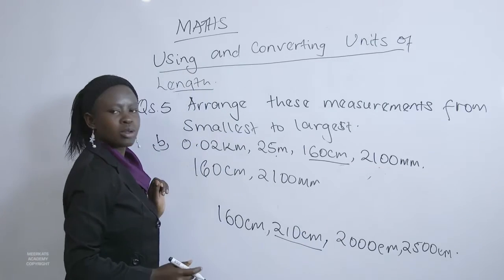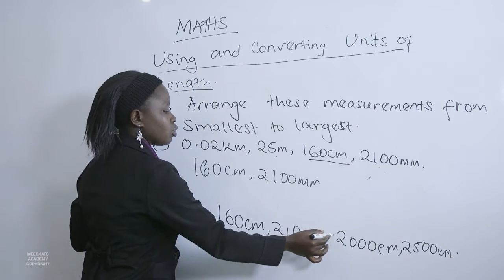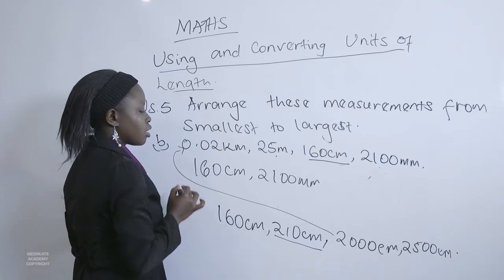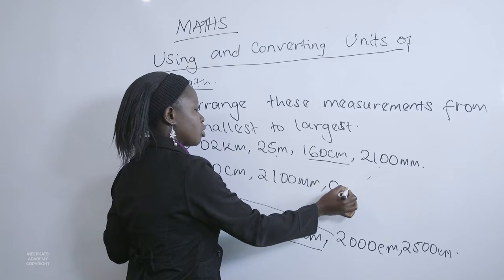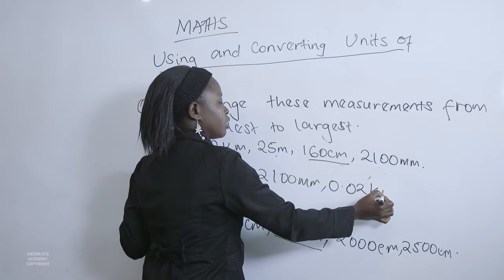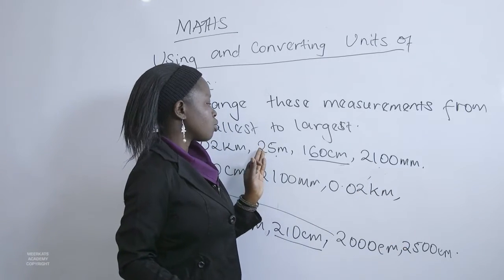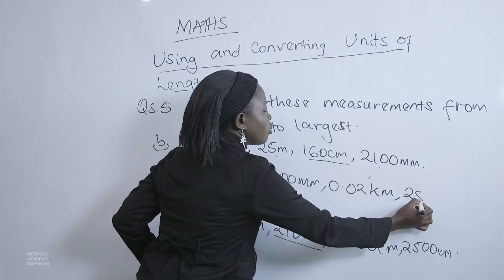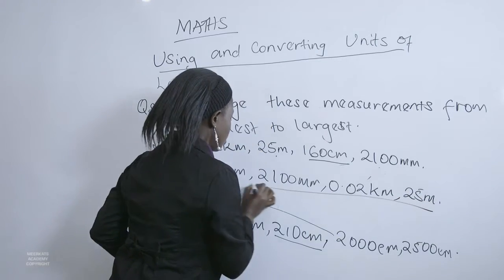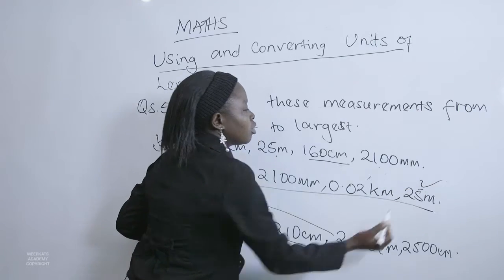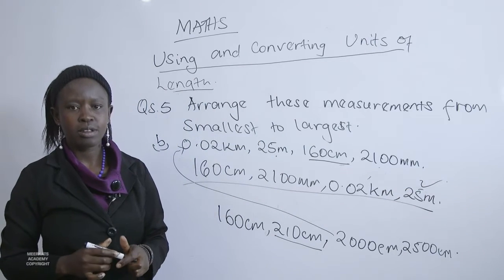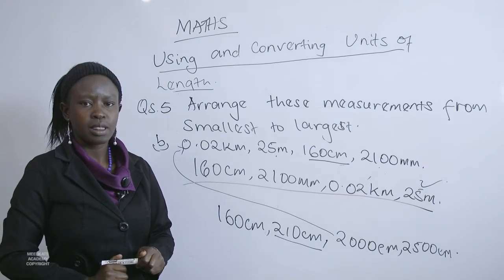Then next we have 2,000 centimeters, which was representing 0.02 kilometers. And finally we have 2,500 centimeters, which was represented by 25 meters. So this is our arrangement from the smallest to the largest.